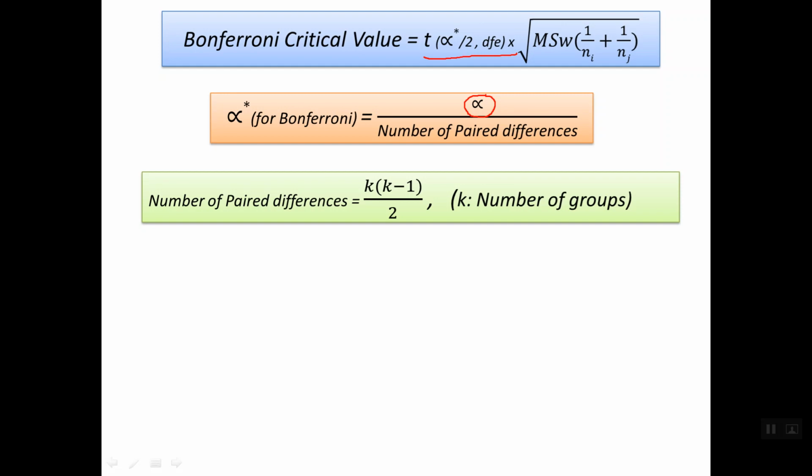In our question, the value of k is 3. So we can calculate the total pairs: 3 times 2, which is 6, divided by 2, which is equal to 3. So we have 3 pairs in our question.